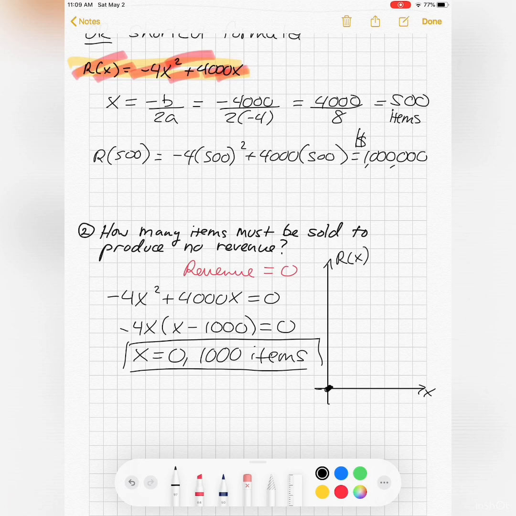I found that the x-coordinate of the vertex is 500. So doesn't that mean the peak is at 500? If this is symmetric, which it has to be, doesn't the next 0 have to be at 1,000? So wouldn't it make sense that the parabola looks something like that?